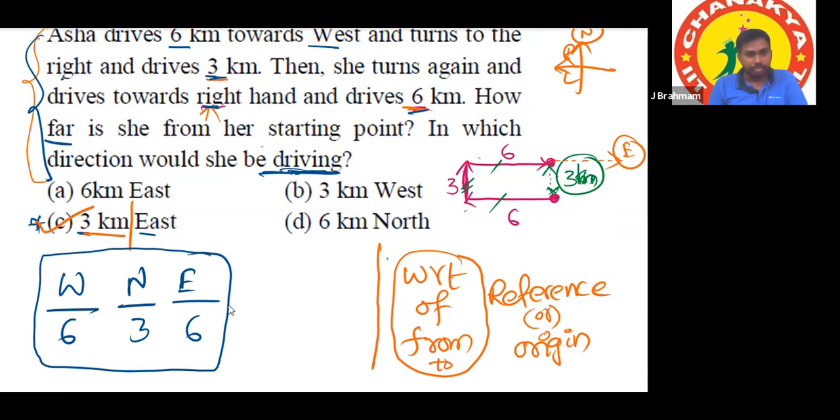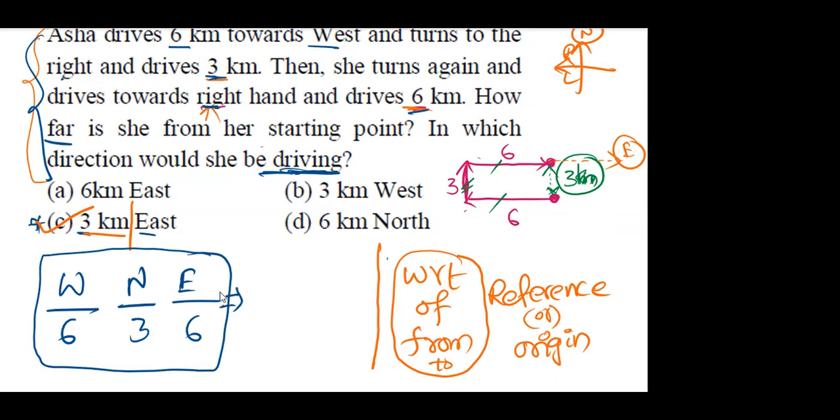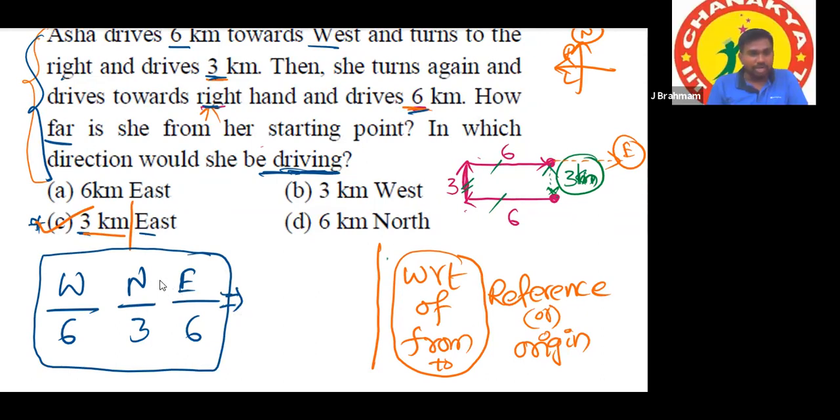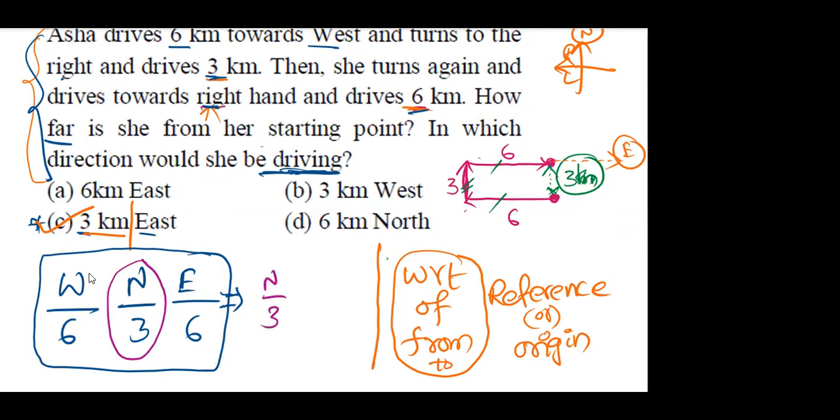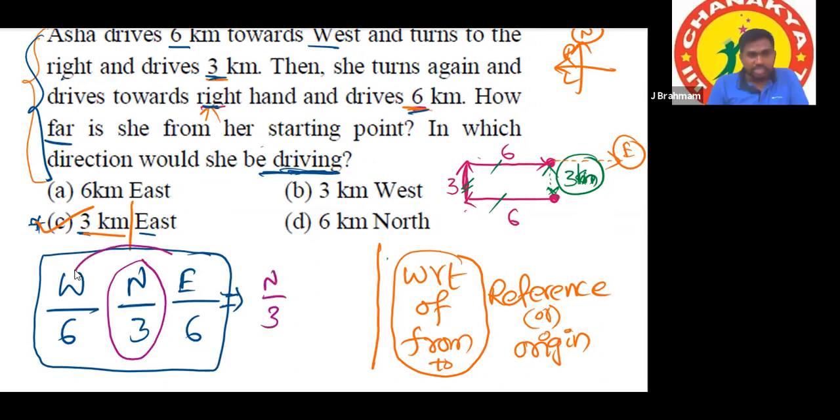Okay. Clear? Now here apply that same polarity and opposite polarity concept. There is no same or opposite polarity for north, so I'm taking directly north 3. Next, east and west, same polarity or opposite polarity?